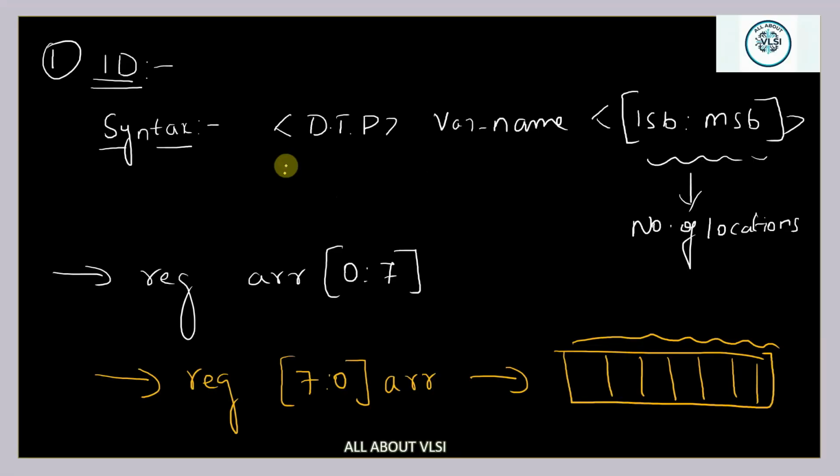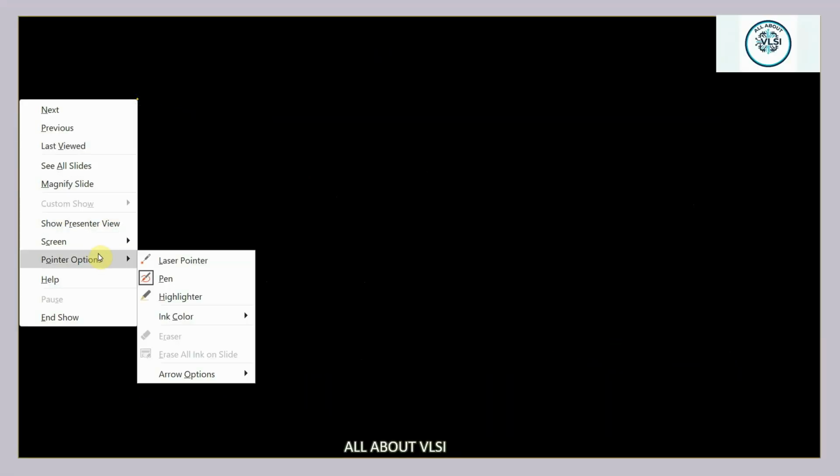Yeah. Now, let's say I have a code like this, let me show you. Let's say I declare an array reg A of 3, that means I have three memory locations.